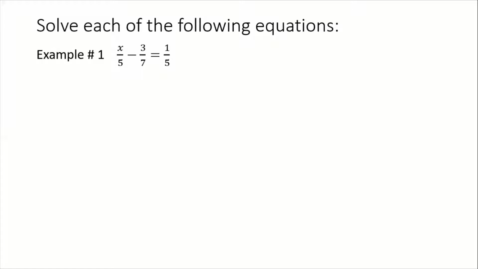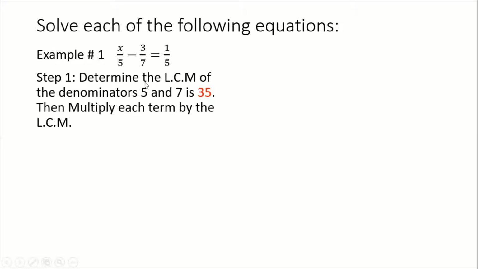Now, after that, you are going to use the lowest common multiple to multiply each term in the given problem. As you note here, the lowest common multiple of 5 and 7 is 35, right?